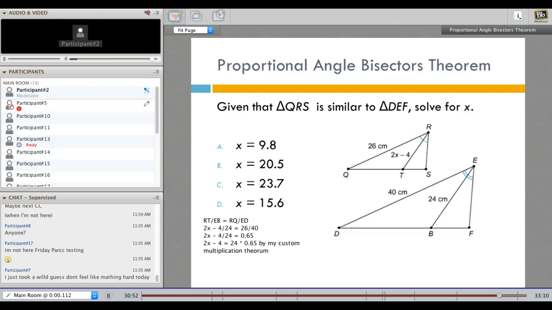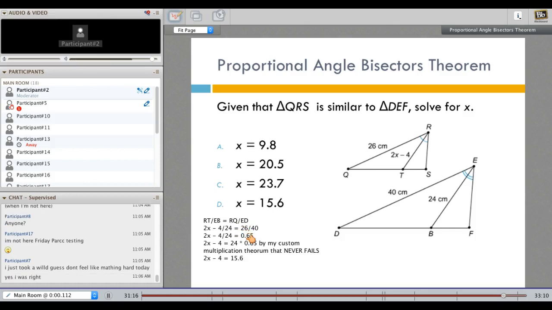Okay, and then he is cross multiplying. Cool, which is fine. Okay, so I love that Will is always showing us something new and unique, which is great. So you could definitely cross multiply here. Will chose to actually take 26 and divide it by 40 to get the fraction of 0.65, and then he's multiplying by 24.